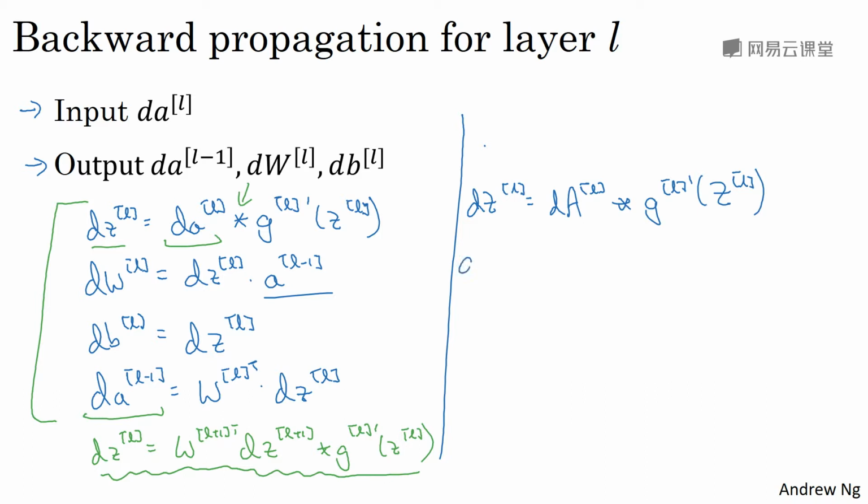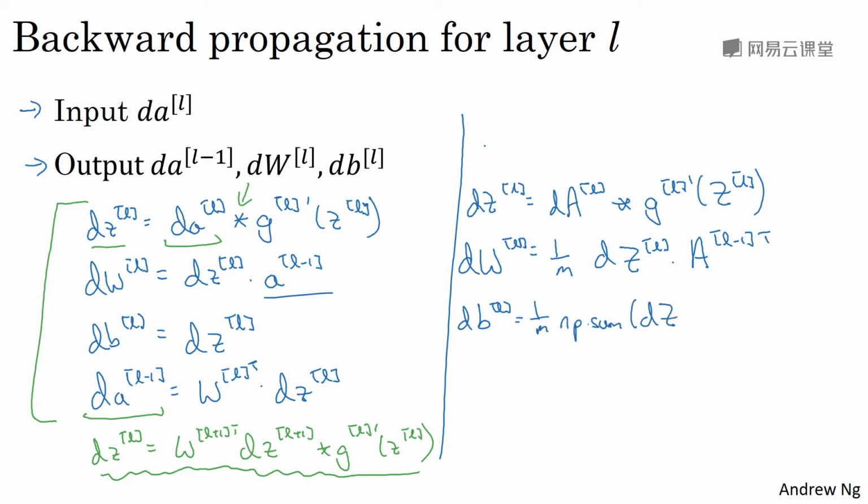Maybe no surprise there. dW[L] becomes 1 over m dZ[L] times A[L-1] transpose. And then db[L] becomes 1 over m np.sum of dZ[L], with axis equals 1, keepdims equals True.